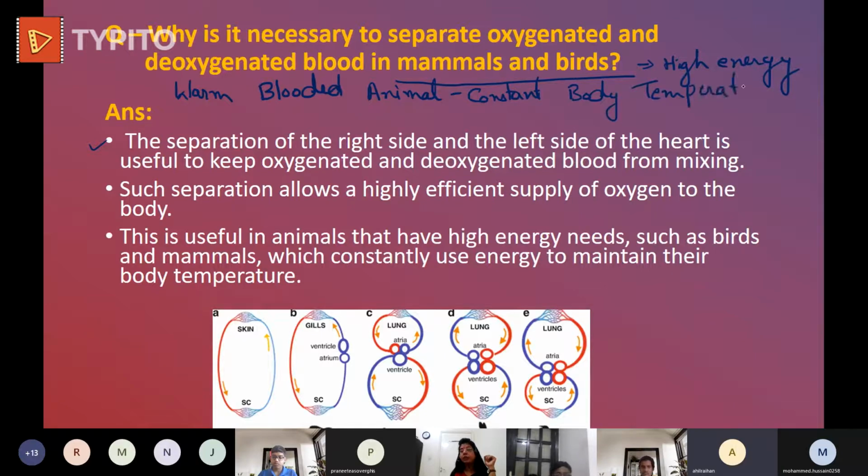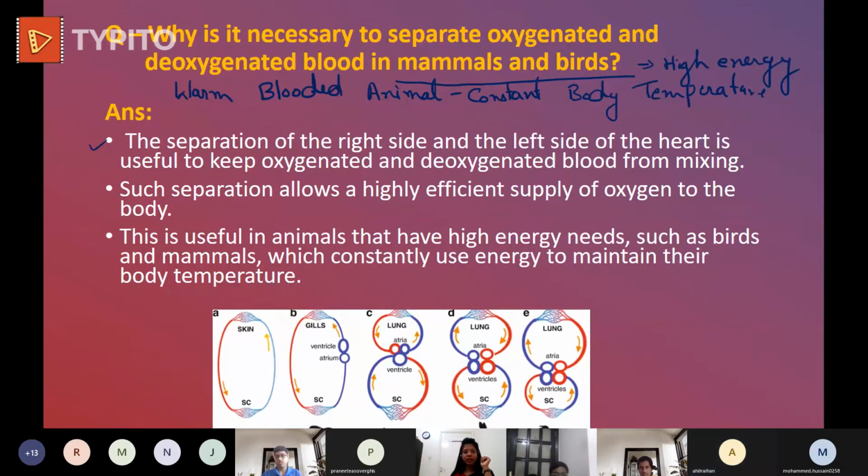And for that energy, you need a rapid supply of oxygen and nutrients. And for the rapid supply of oxygen, the oxygenated and deoxygenated parts of the heart should be separate.